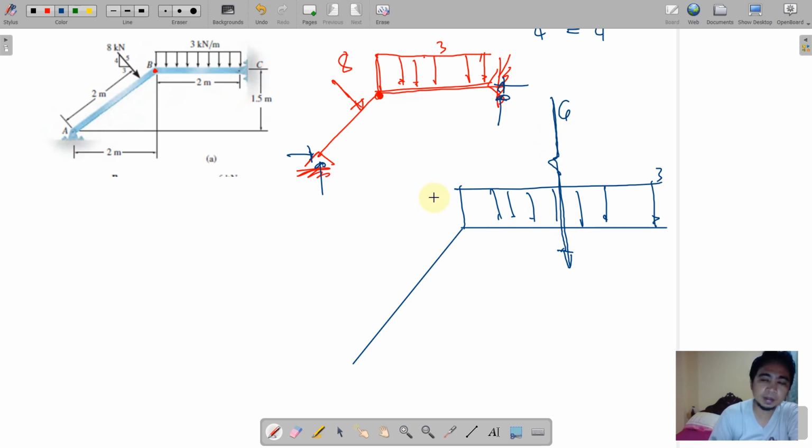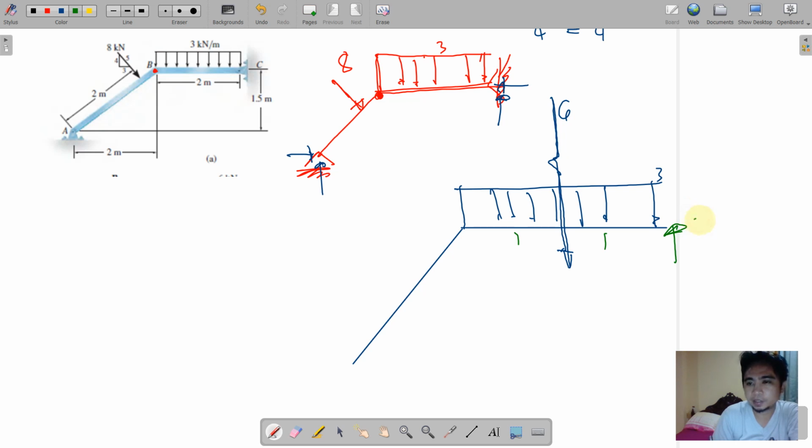Okay, so next, we wanted to place there the distances para wala na tayong problema mamaya. And then this is a pin connection. Of course, we have here 2 reactions going up.